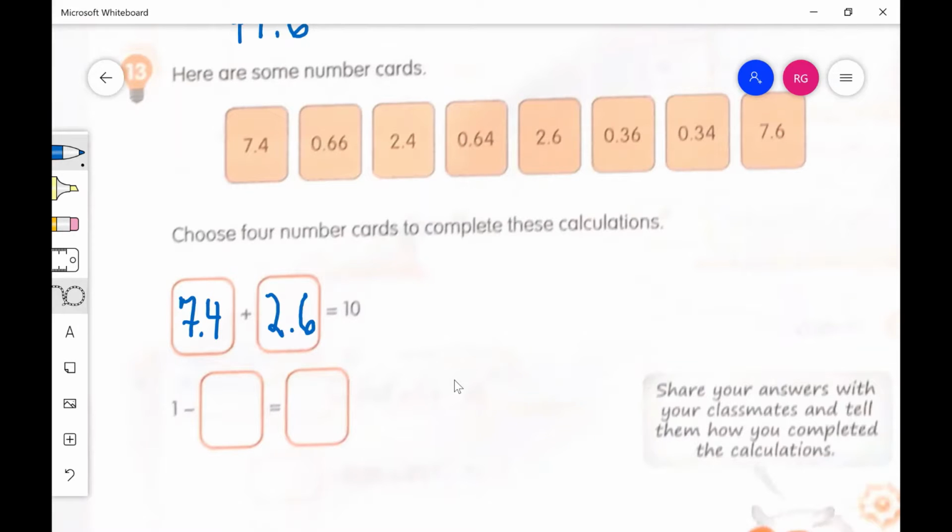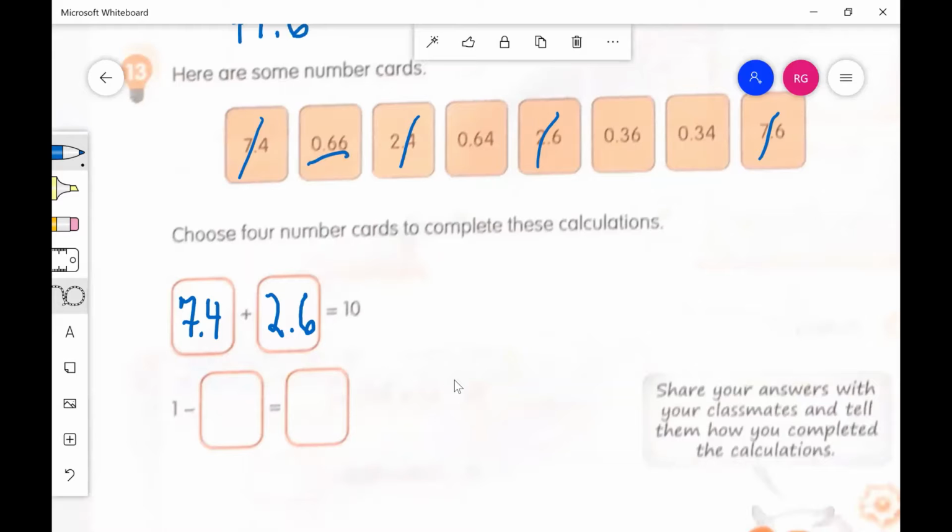Well, here we need to think 1 minus what equals what? I know that can't be this one, can't be that one, can't be that one, can't be that one.